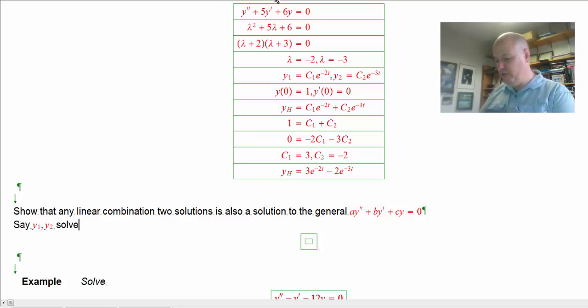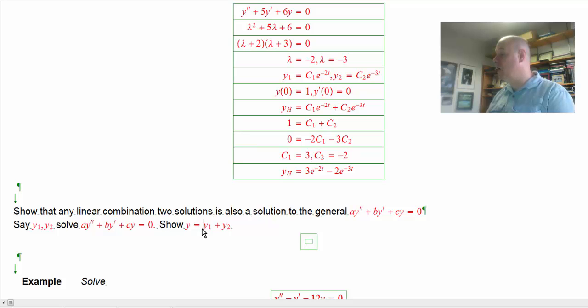So they say these two solve my ay prime prime. So in other words, if I sub y1 in the left side, I get 0. If I sub y2 in the left side, I get 0. So now I want to show that a solution that's just y is equal to y1 plus y2. Oh no, that's the sum.